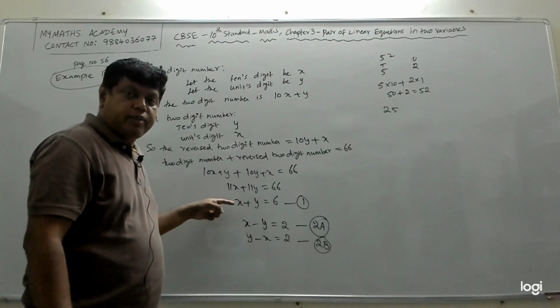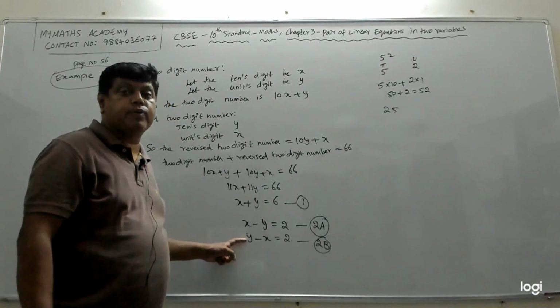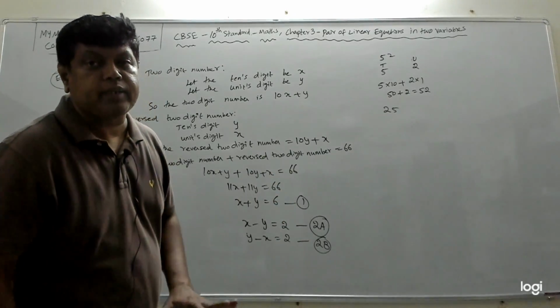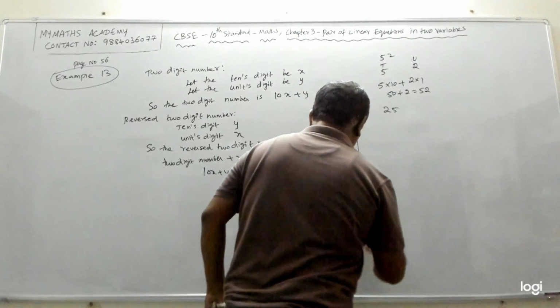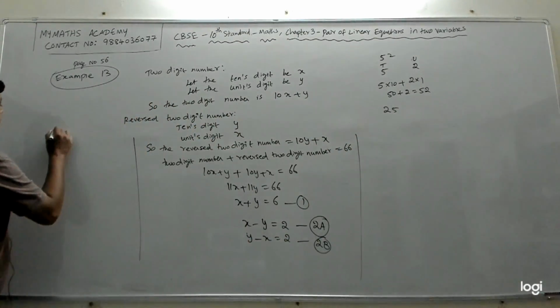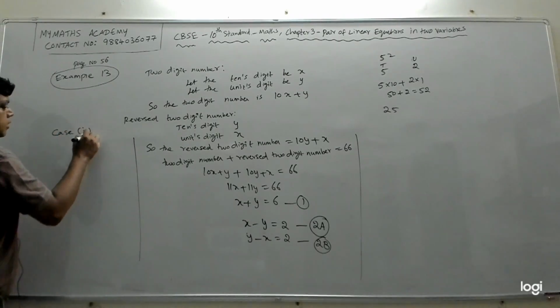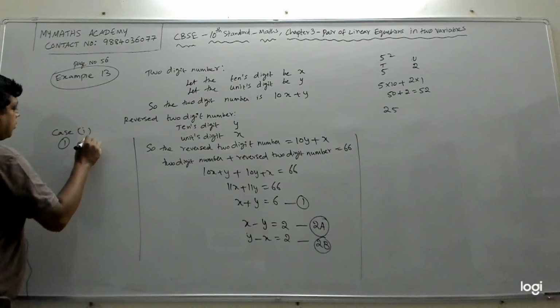In the second case, we'll take this as the first equation and this as the second equation, and solve and find x and y. Fine. So let's take case 1. Case 1 is, I will take the first equation and equation 2a.